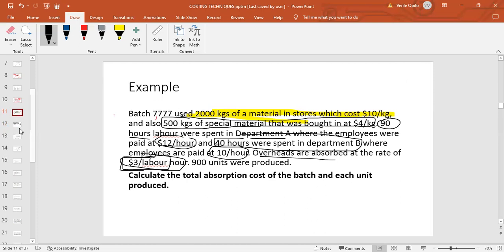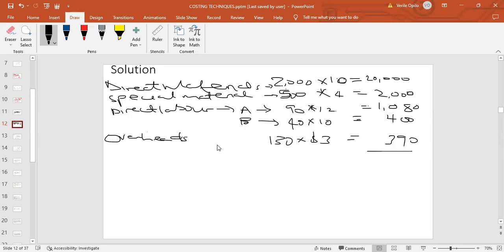So we're just going to add them up in order to obtain the total batch cost. The total batch cost will be equal to the summation of all these costs.